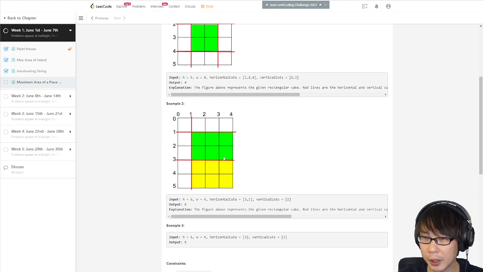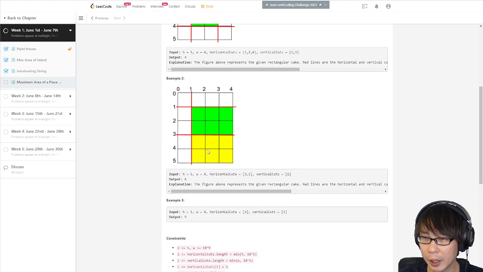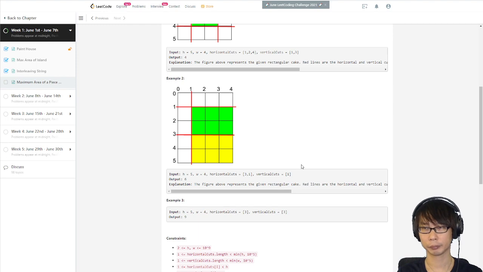And in the next one, the maximum is 6. And then in the last, if you have 5 and 4, and then you have a cut of 3 and a cut of 3, it's this area, which is 9.